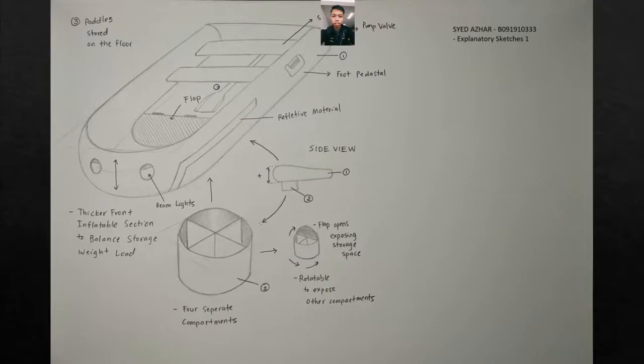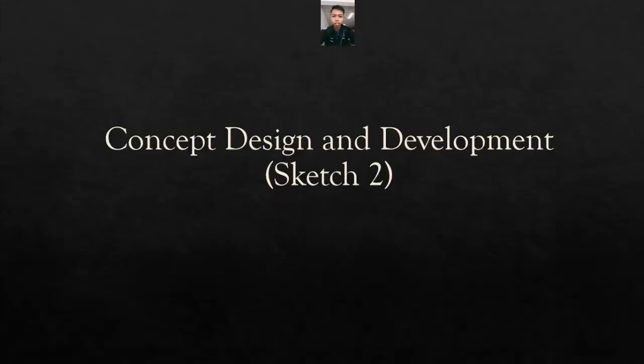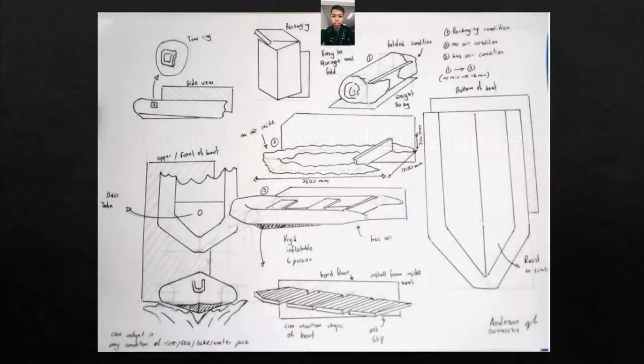At the outside of the boat, there will be a pedal, seat, valve pump, foot pedestal, reflective material, and it is made from a thicker front inflatable box to balance the storage weight load. There will be 4 separated compartments, rotatable to expose the other compartment. For inflatable boat sketch 2, it will be affordable.